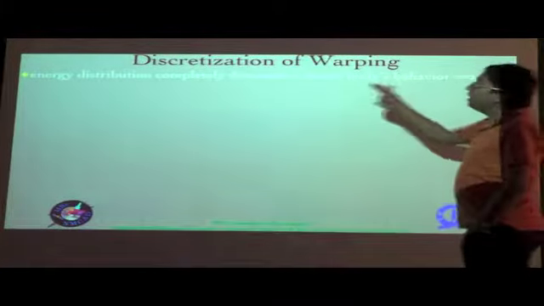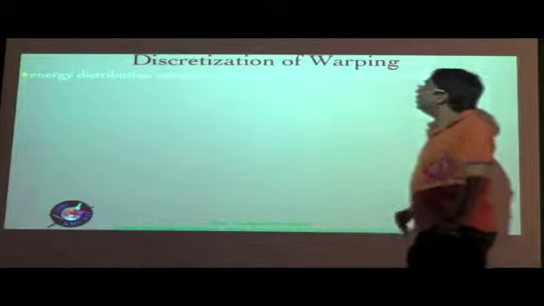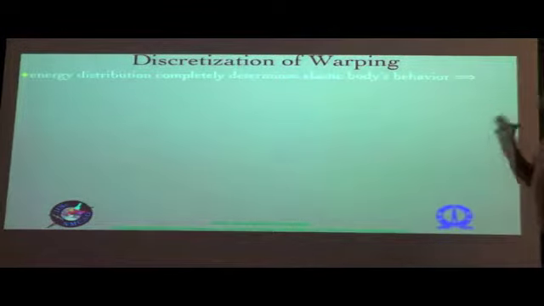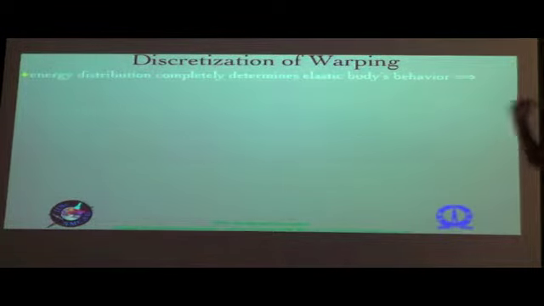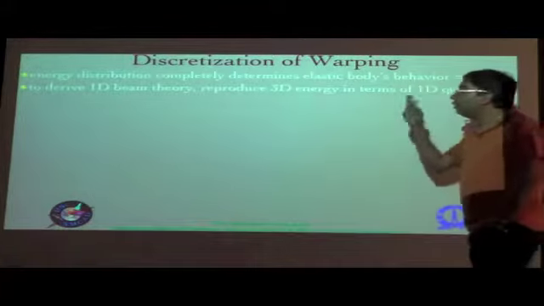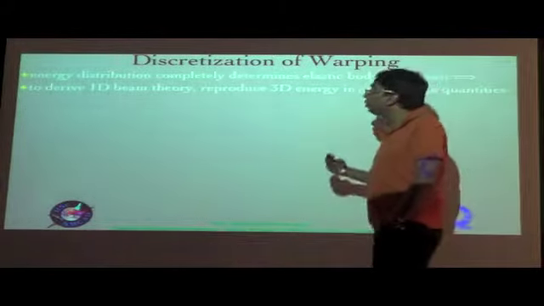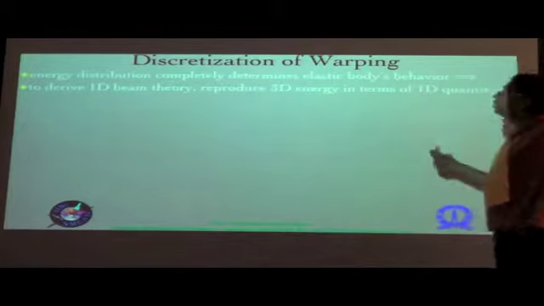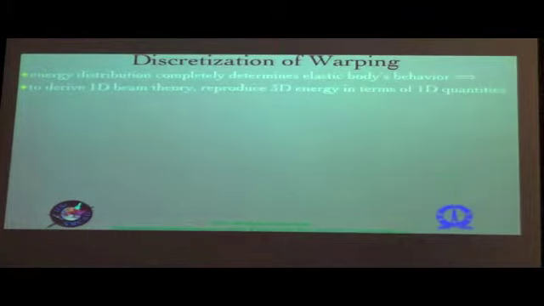Okay? So which basically means that the energy distribution completely determines the elastic body's behavior. So we take advantage of the fact that the energy distribution will determine how the beam is going to deform, what will be the stresses at various material point locations because of that. And that means that to derive the 1D beam theory, which is what we're going to do, we have to reproduce the 3D energy in terms of the 1D quantities.